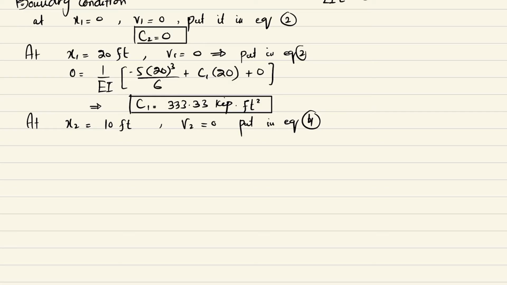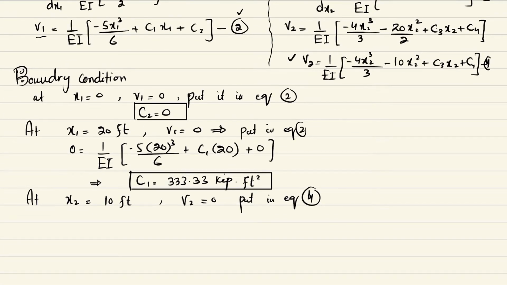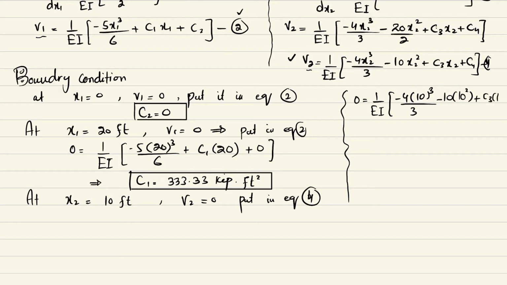So 0 = (1/EI)(-4 × 10³/3 - 10 × 10² + c3 × 10).